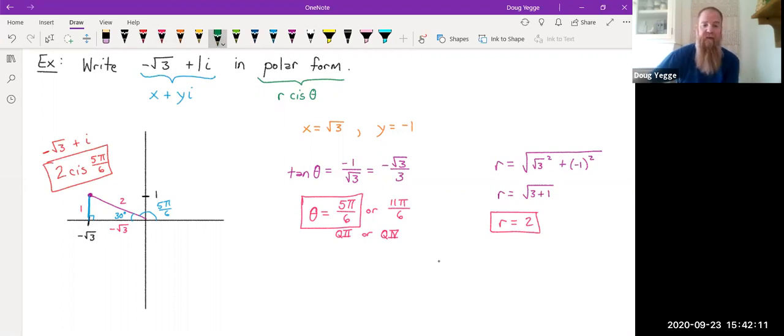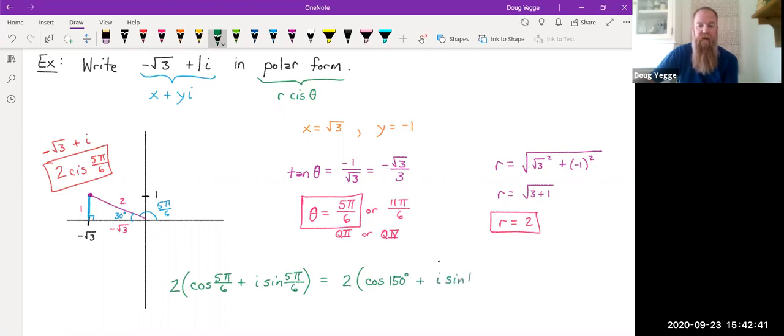And if we wanted to write this in the exact form as opposed to the shorthand notation, we could write it as 2 times cosine of 5 pi over 6 plus i sine of 5 pi over 6. Or if we wanted to write it in terms of degrees, we could do the same thing. We could write it as 2 times cosine of 150 degrees plus i sine of 150 degrees.